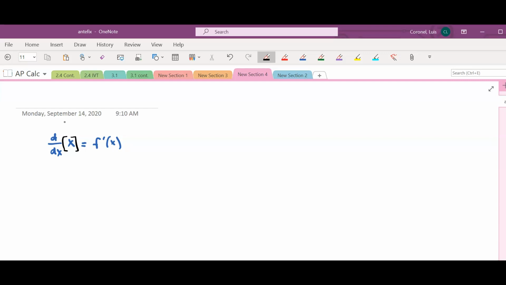Find the derivative, which is f prime of x. Just different ways of writing, right? Actually, I don't like this notation. I'm going to erase this, sorry. That's kind of telling you something else. So I think like this: derivative of x. Take the derivative of x.